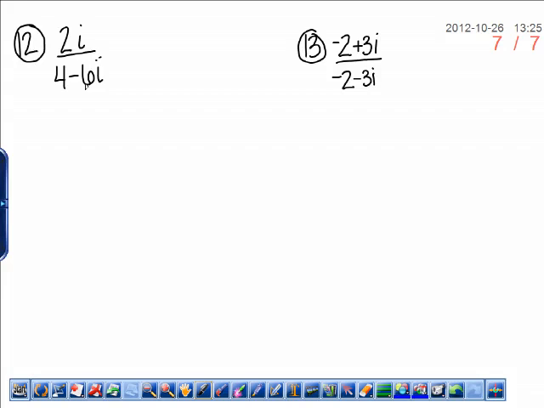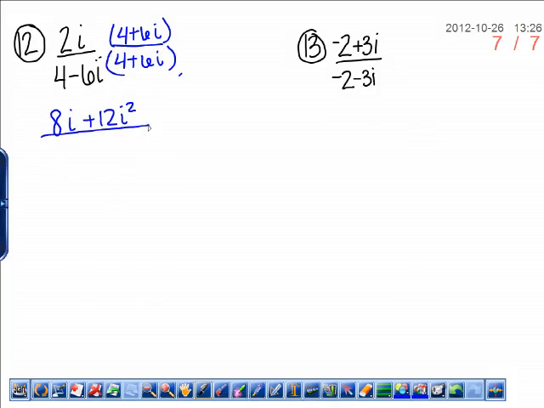All right, so let's talk about this. What did you have to multiply the top and the bottom by? Okay, and what is the conjugate here? 4 plus 6i over 4 plus 6i. For your numerator, you should have gotten 8i plus 12i squared over 16 plus 24i minus 24i minus 36i squared.